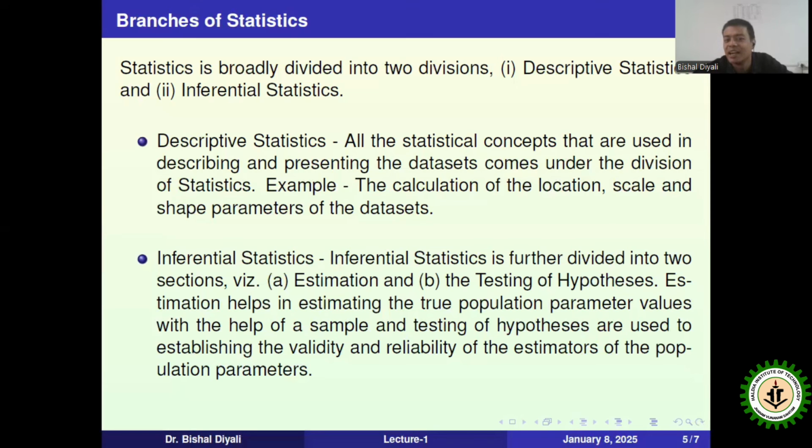Testing of hypothesis has a lot of application, not just in statistics. Every quantitative research, every PhD where quantitative or qualitative research is considered, does a lot of testing of hypothesis for their research questions. We'll discuss it in more detail in the upcoming videos.